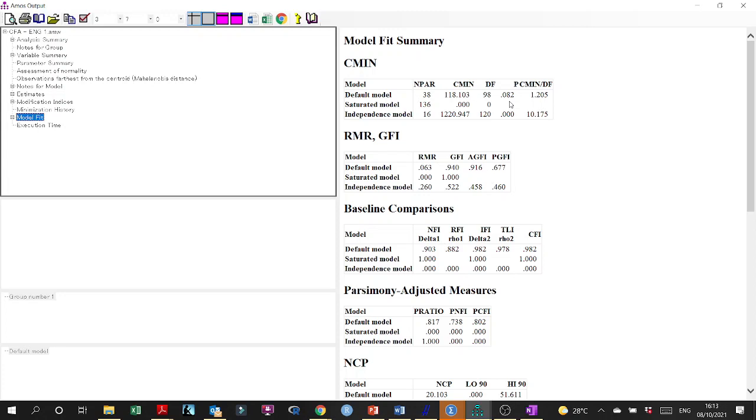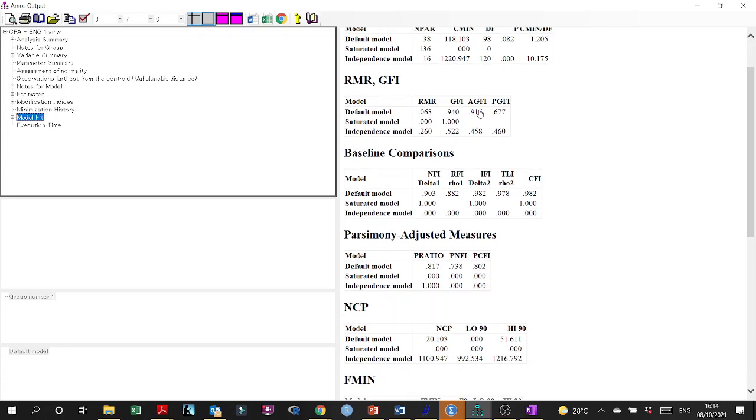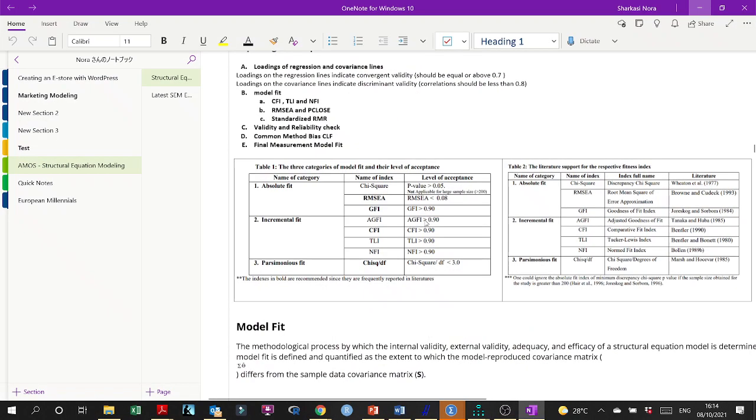However, this is not really taken into consideration for samples greater than 200. My sample is 225, but it's good to report something that is consistent with what is in the literature. And then over here I have very good measures.